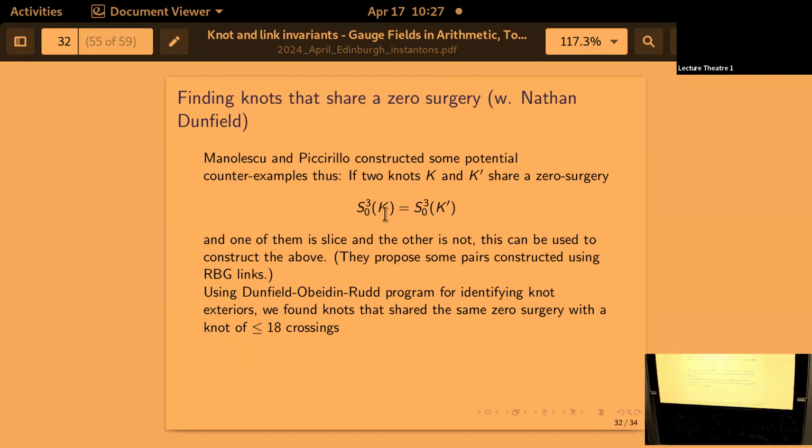So one of the projects that I've recently been working on, on and off, is to try to find pairs of knots that share a zero surgery and try to figure out their sliceness.